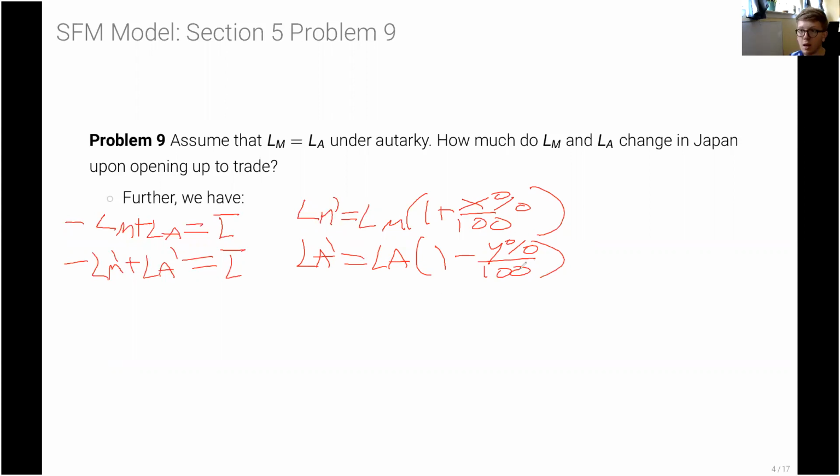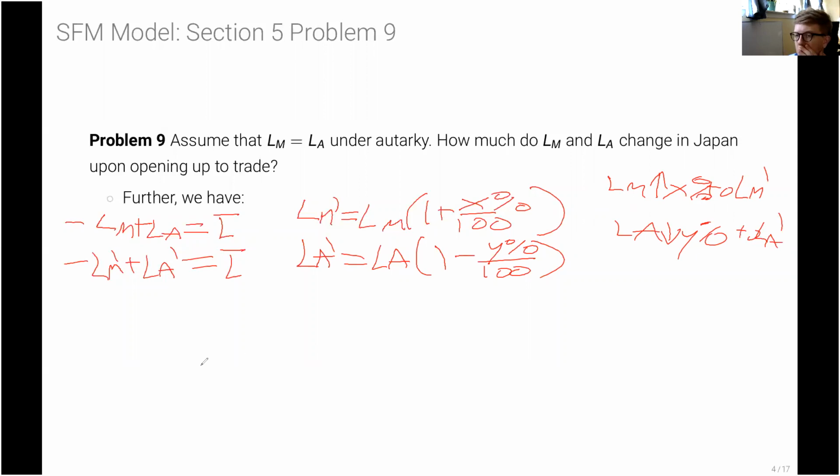And so that's one way to write this. All we're saying is that LM is going to increase X% to whatever LM prime is, and LA is going to decrease Y% to LA prime.